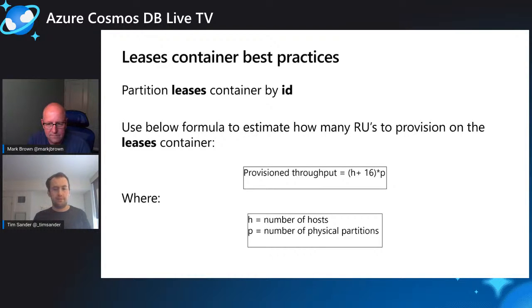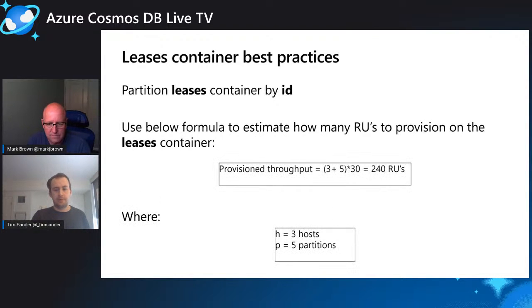Number of physical partitions, again, probably not a very high number. So if you fill in some sample numbers, like 3 hosts, 5 partitions, we get less than 400 RUs. So it's only gigantic scenarios where you would need more than 400 RUs. Maybe even a shared throughput collection within a shared database throughput. Even that is probably more than enough.